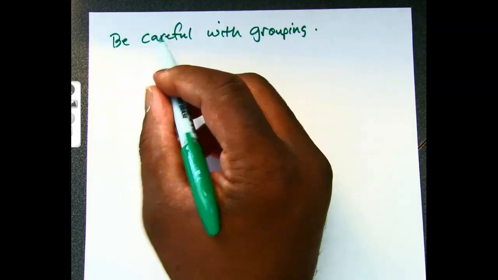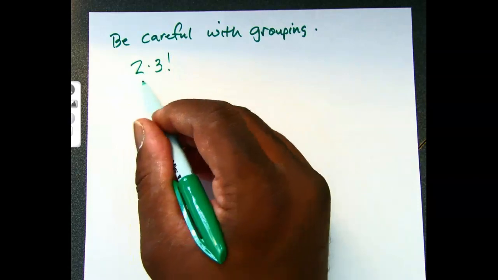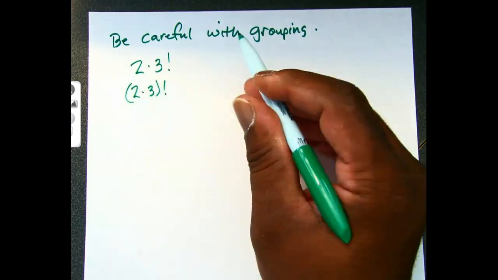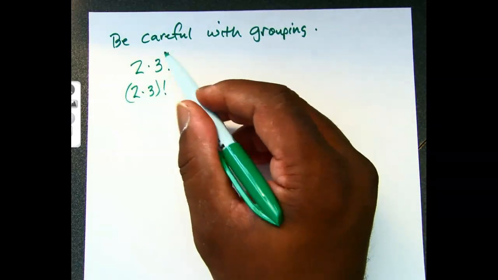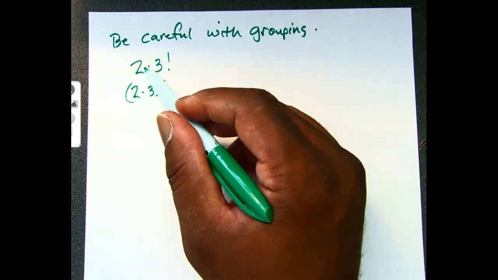All right, so 2 times 3 factorial. Is that the same as 2 times 3, factorial? Well, if we think of PEMDAS, this factorial will be performed before the multiplication.